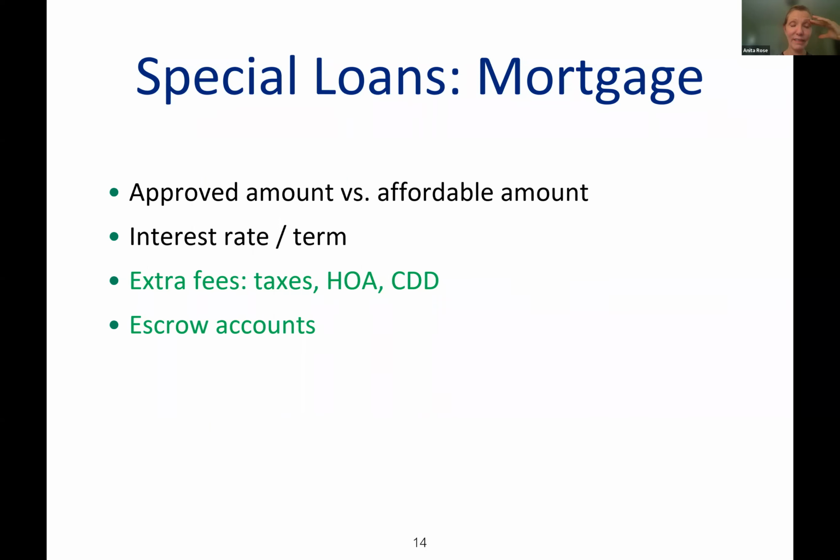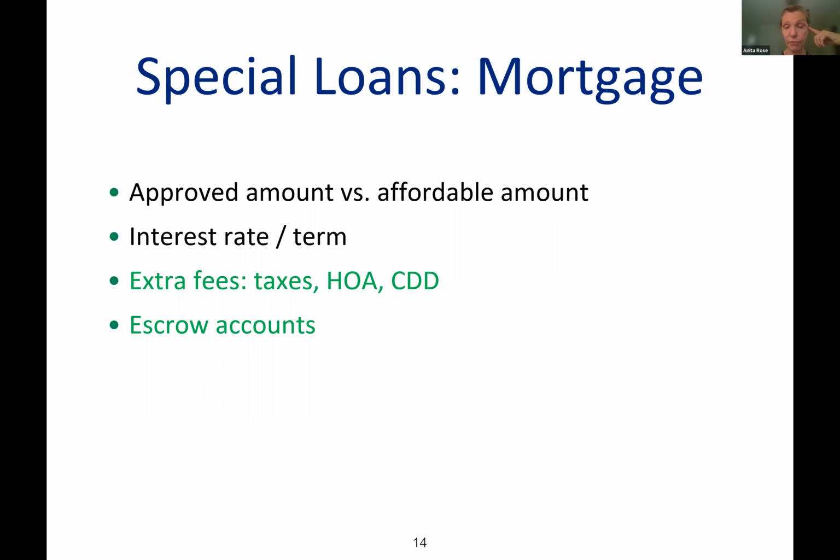Which I don't like, so I prefer to not have it escrowed, and I pay my own insurance payment. I pay my own taxes because I get a benefit by paying my taxes at the November date, and I pay them all off at that date. So there's no extra charges at all for my taxes. I pay my HOA on the date it's due, and the same with insurance. Then I don't have to have any escrowed funds.